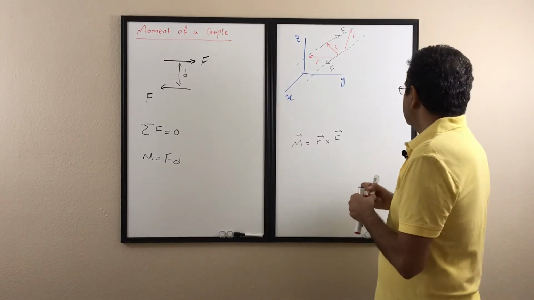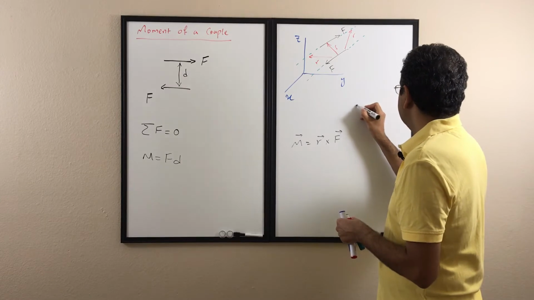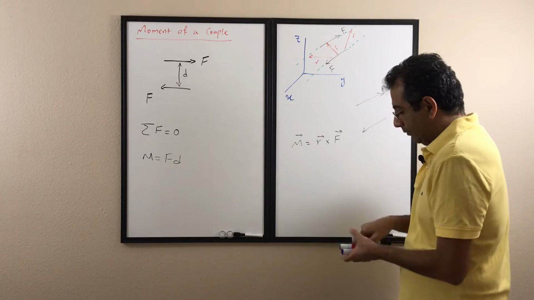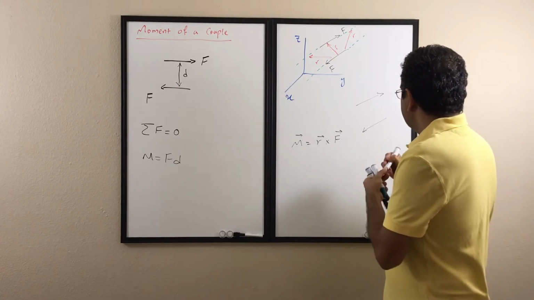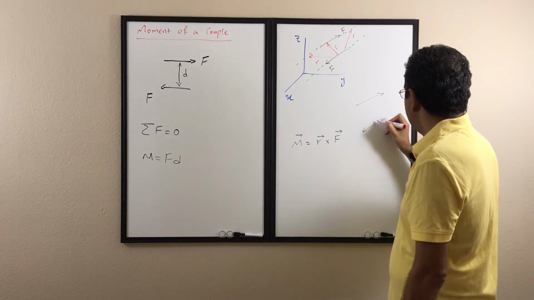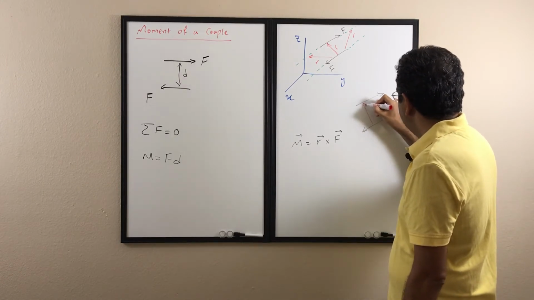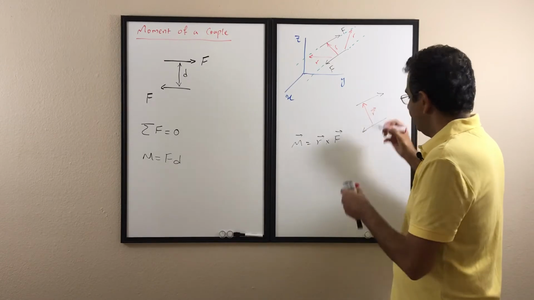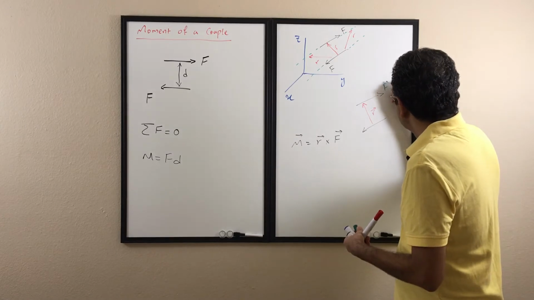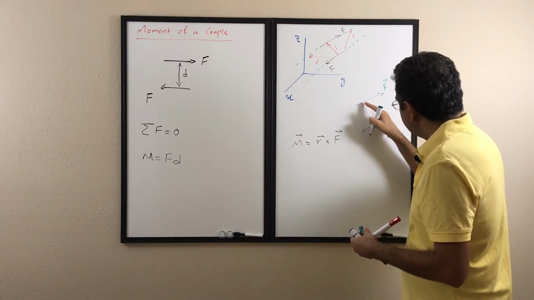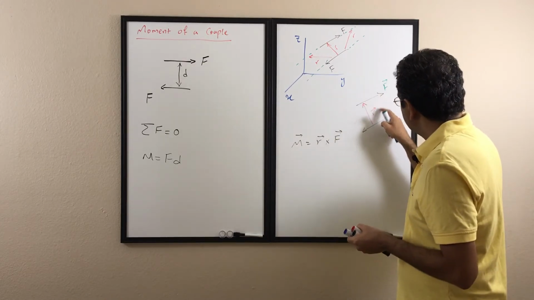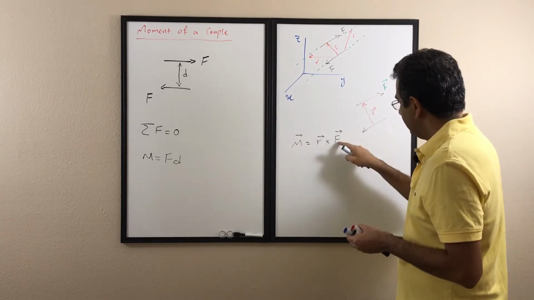The easy way to remember is this: if you have two forces and r goes from one of them to the other, for example from here to there, then the force it points toward is the F we use in our calculation. If r goes toward this one, that is the one we use in this equation.